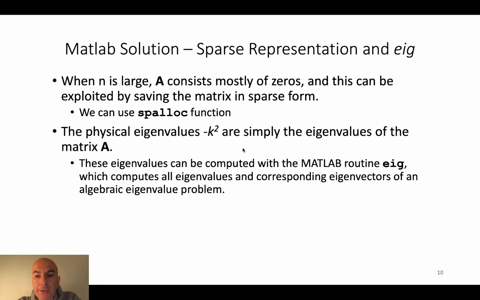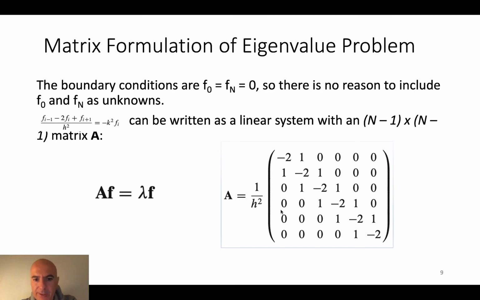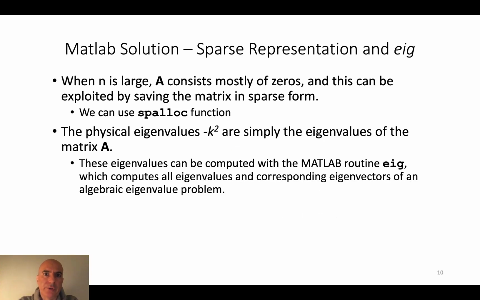One important point I want to make is that this matrix A is largely dominated by zeros. There is a nice way to express matrices with many zeros; these matrices are called sparse. So when n is large and A consists mostly of zeros, this can be exploited by saving the matrix in the so-called sparse form.